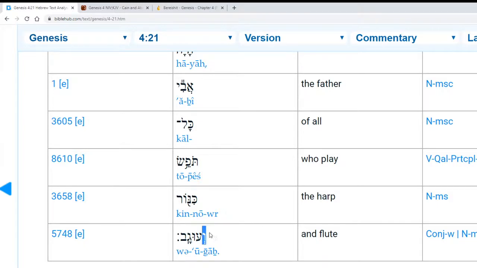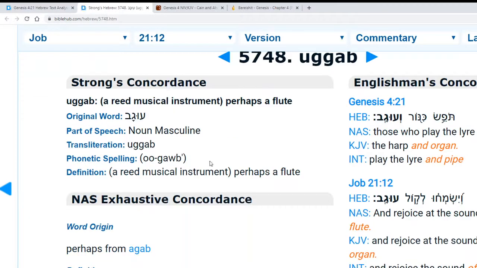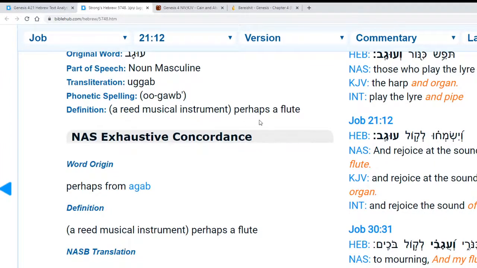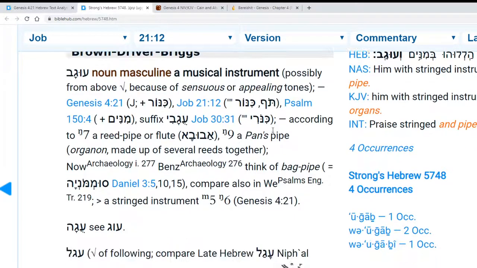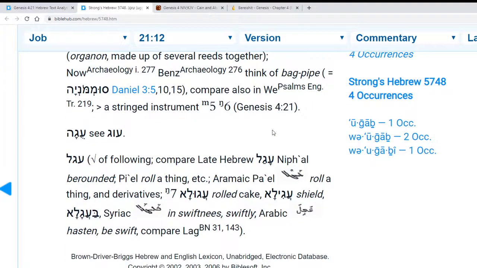Ve'ugav. So conjunctive vav, ugav. I'm not actually sure what the root of ugav is, but they're saying flute, a reed musical instrument, perhaps a flute. So they're actually saying it may be related to ayin gimel lamed, agal, which means to be round, right?